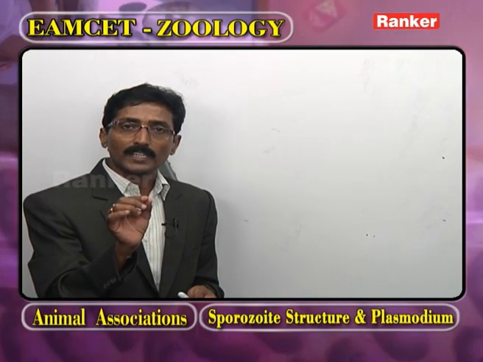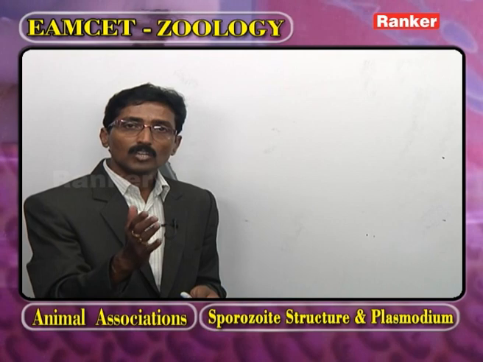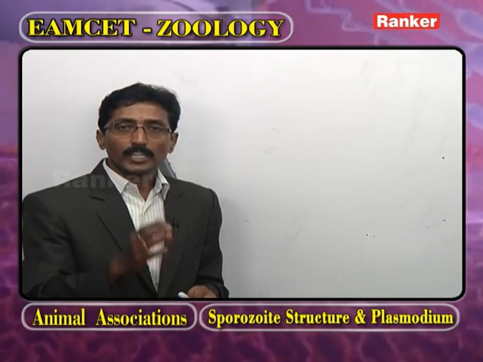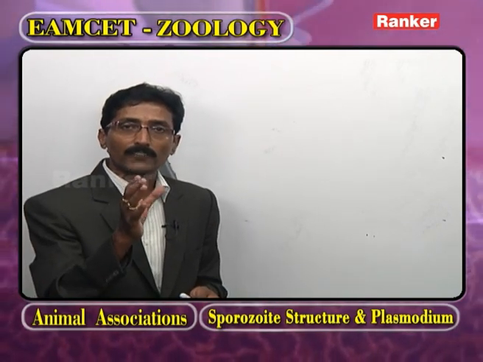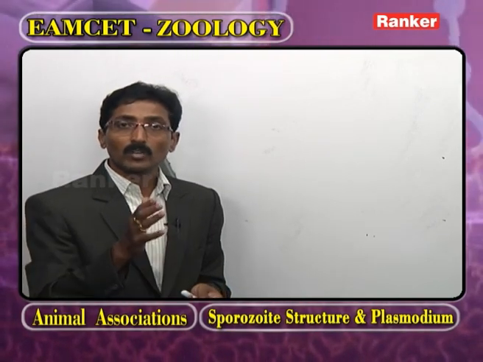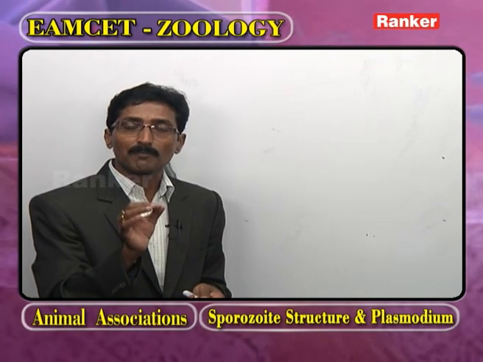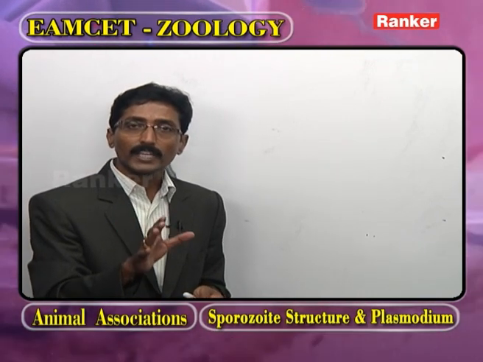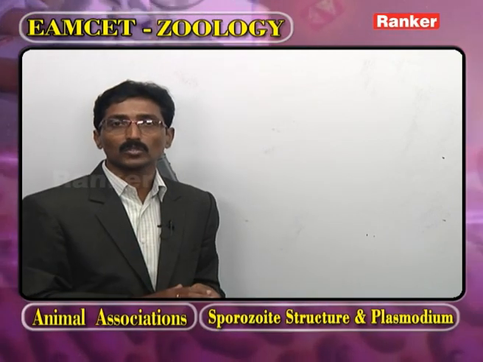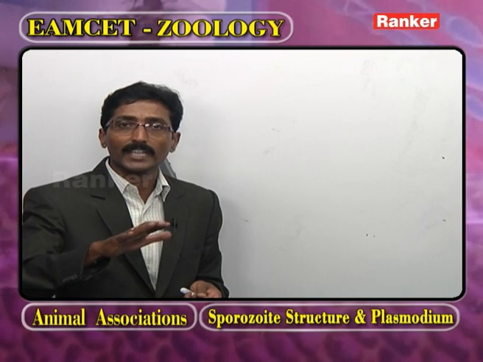The person who explained Plasmodium present in the RBC was Camillo Golgi. The person who identified the oocyst was Sir Ronald Ross. What about Grassi? He explained the life cycle of Plasmodium vivax in the female Anopheles mosquito. The monograph of Plasmodium is given by Graham.